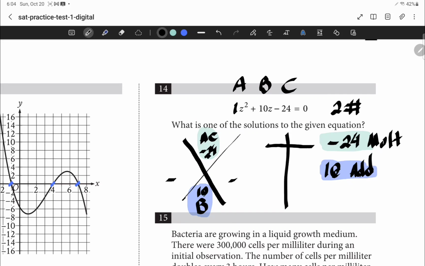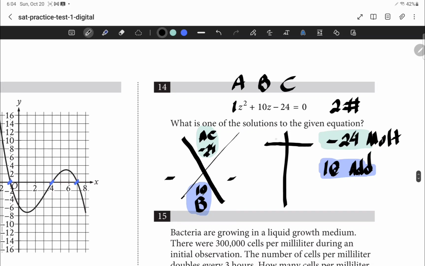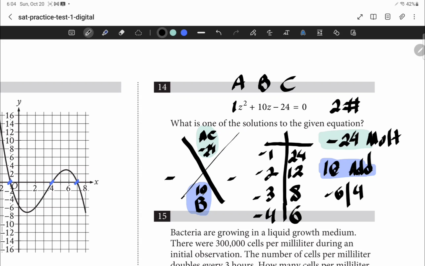I know 1 and 24, 2 and 12, 3 and 8, 4 and 6, and I'm going to stop right there. Now I'm going to make all of these negative because we need to get a negative answer, right? I'm missing 6 and 4 too, but I'll put it over here on the side.